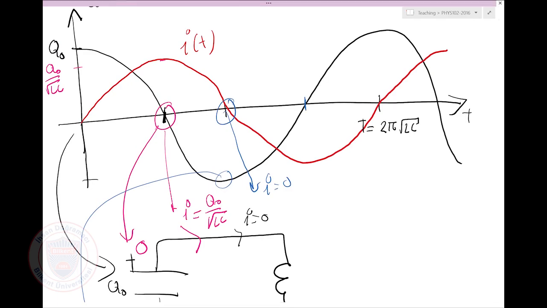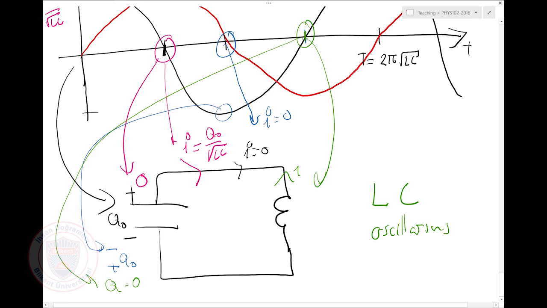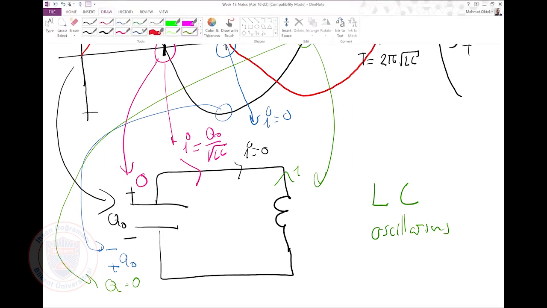If I come to this point, here, again, Q is going to be 0, but now current is flowing in the other direction. So we have this current flowing one way, becoming maximum, then stopping, then it's going the other way. Or if I look at the charge, it's positive Q0, it goes to 0, it becomes negative Q0, and it comes back. Okay, so these are called LC oscillations.